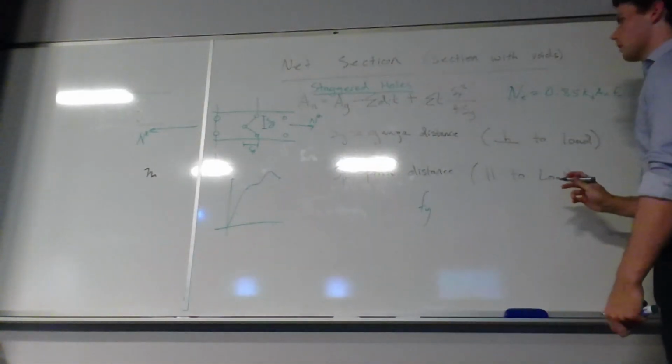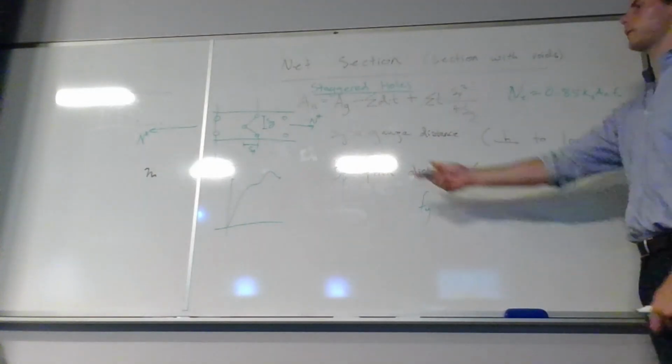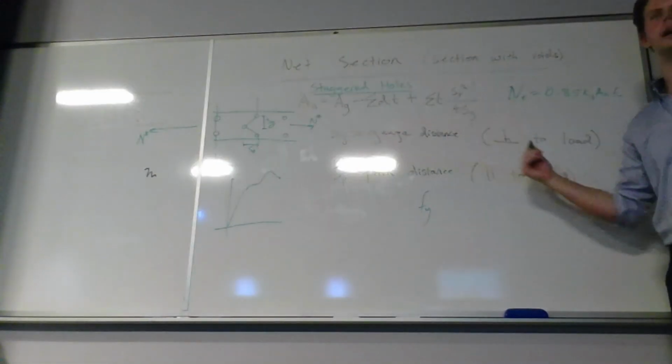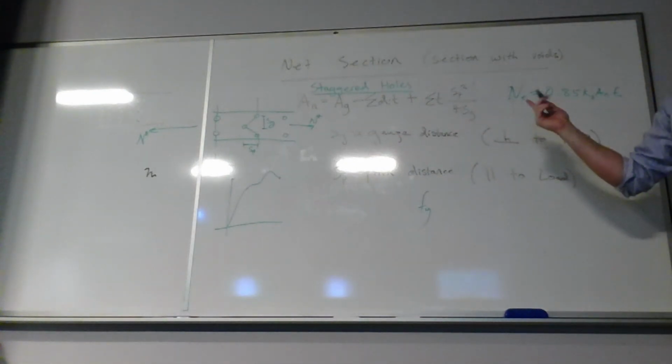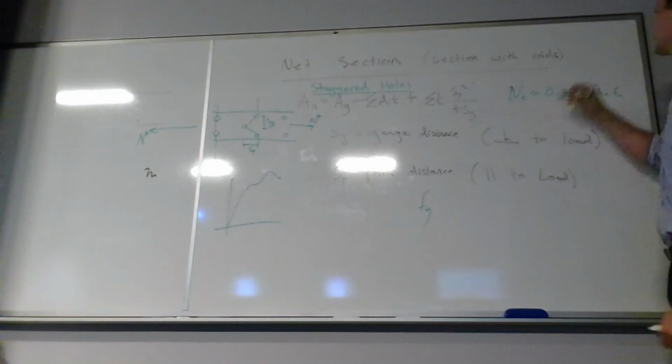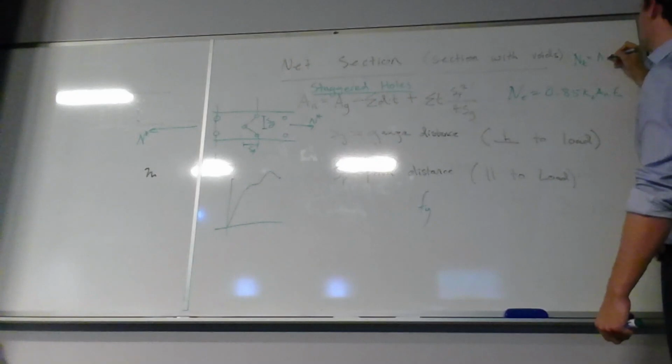And by the way, why would we use ultimate stress here in this case? Why not? Because in the other one, in yielding on gross section, we use yield stress, right?